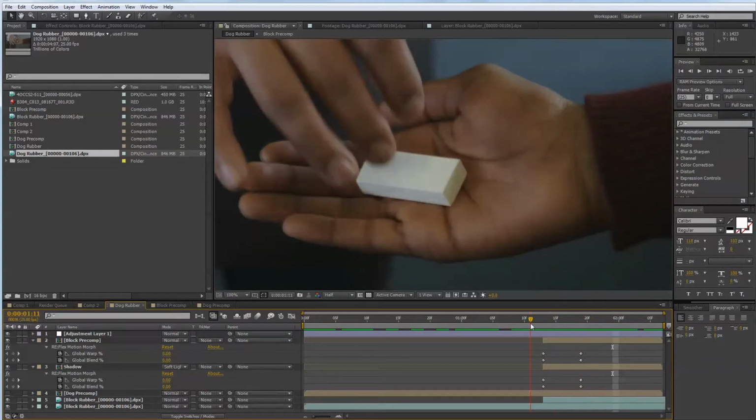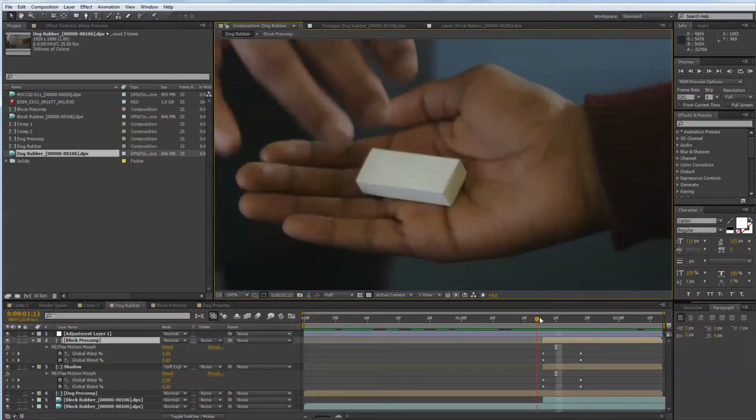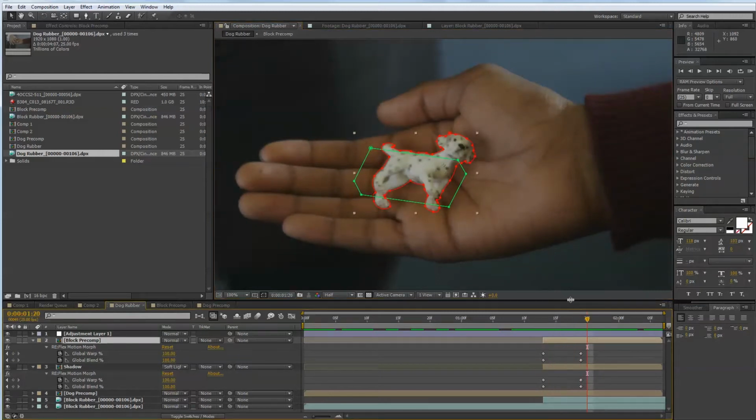So basically to morph the dog to the rubber, I used a morphing plugin for Adobe After Effects, and we just warped one shape into the other one. And then I took all of that, made a second layer, and turned it into a shadow. So that's how we got the shadow to morph as well.